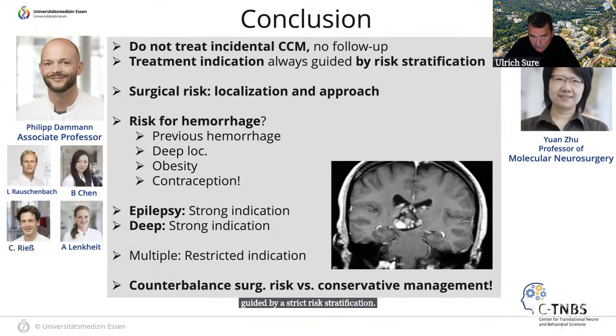And be aware, the surgical risk is determined by the localization of the lesion and also by the approach. The risk of hemorrhage has been mentioned now. What gives risk has been mentioned a lot, but particularly deep localization and previous hemorrhage.